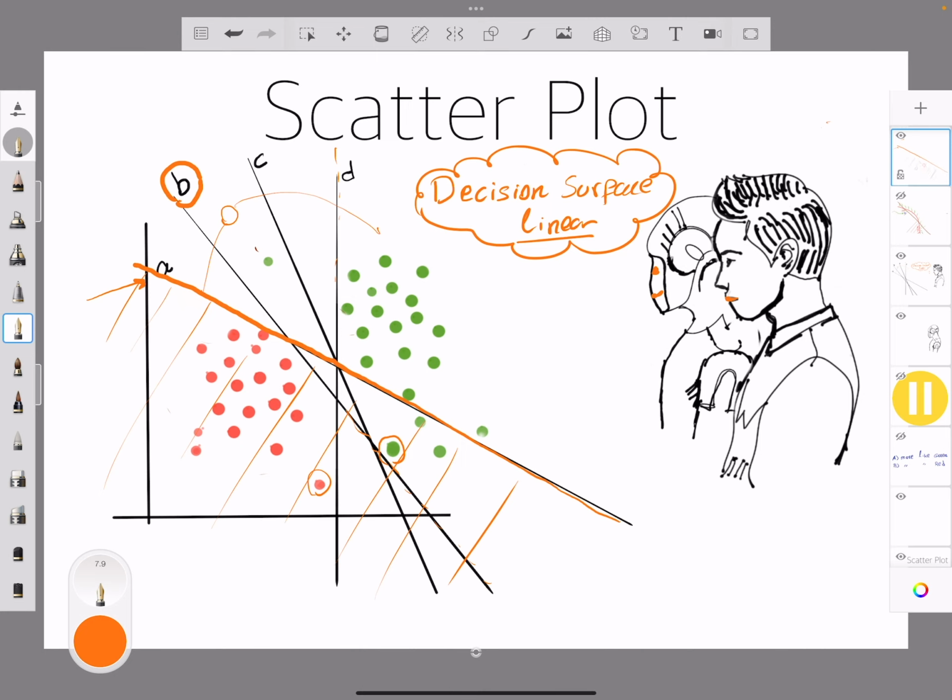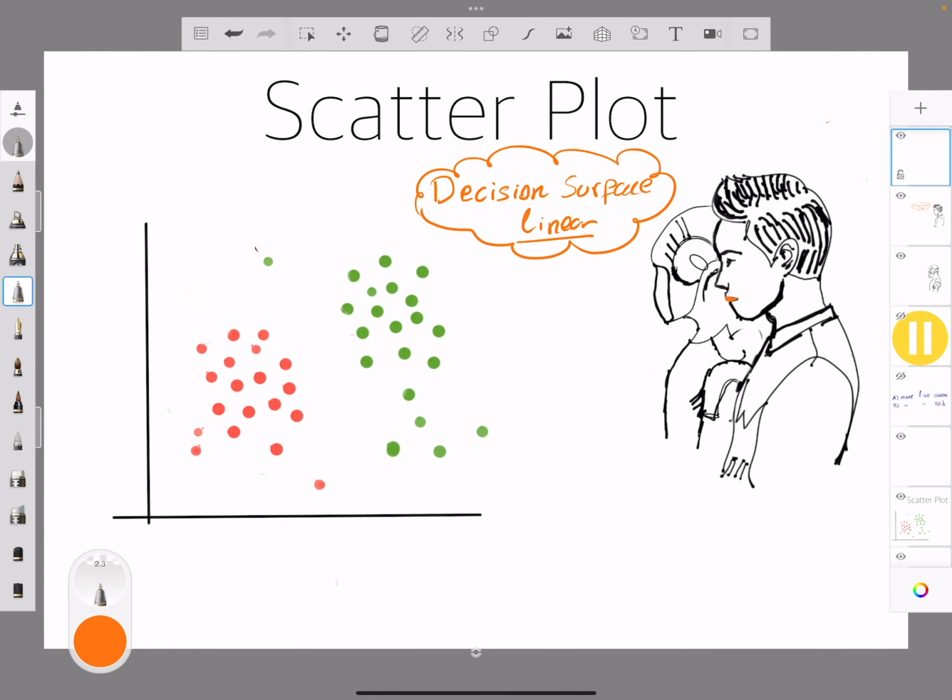D and C also misclassify, but we're only dealing with one point here and one point there. So for line C or line D, we only misclassify one. This might be an outlier, but for this example, B was the best one.